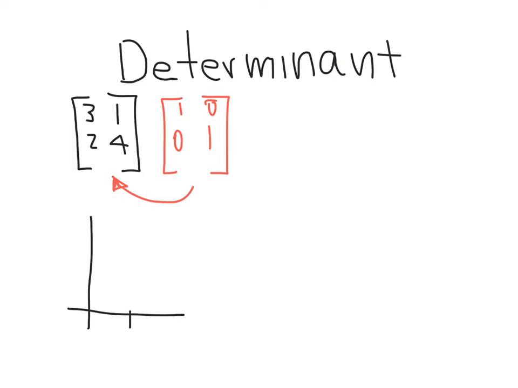Basically, we could draw 1, 0 as an arrow, or a vector, that goes from the origin, from 0 to 1, because this 1 means 1 in x and this 0 means 0 in y.